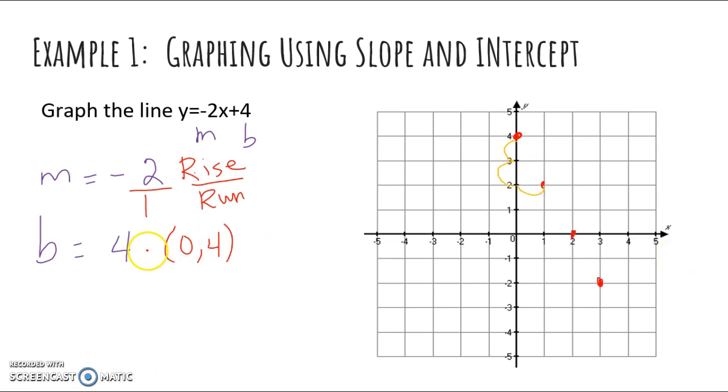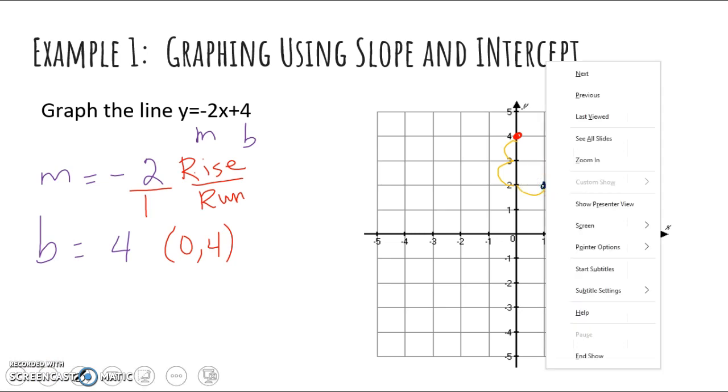Then once you have your points, just technically, if you have down 2, right 1, you can also do the opposite of that. Instead of down 2, right 1, you can go up 2 and left 1 to find points.